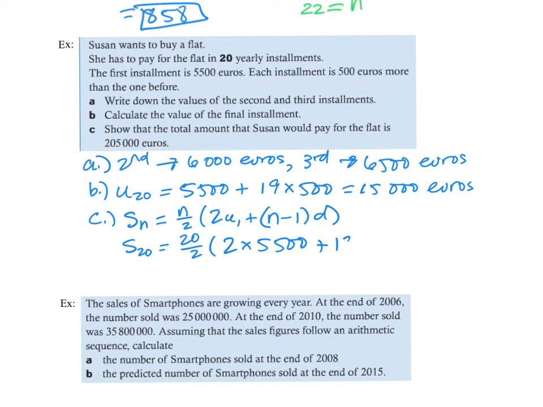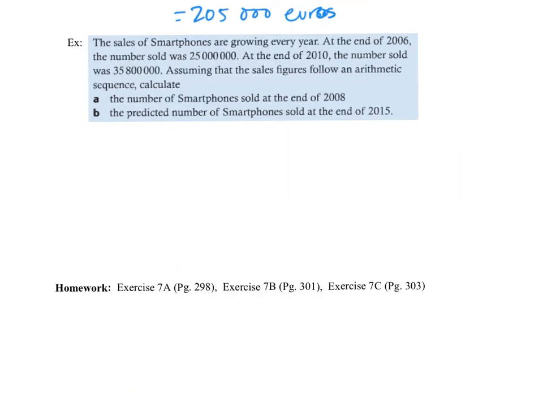So that's 19 times the common difference of 500 euros. Okay, so we'll do that arithmetic, and it turns out to be 205,000 euros. That's the total that she's going to pay if you total up those 20 installments.